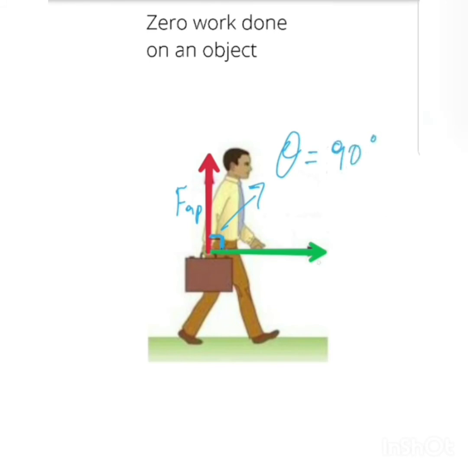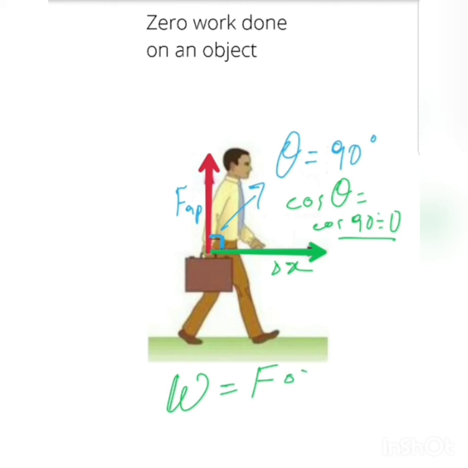So whenever we have an angle of 90 degrees between the applied force and our displacement, that means cos theta is going to equal cos 90 degrees, and cos 90 degrees equals 0. Then whenever we make our calculations based on this fact, we are going to write our formula.